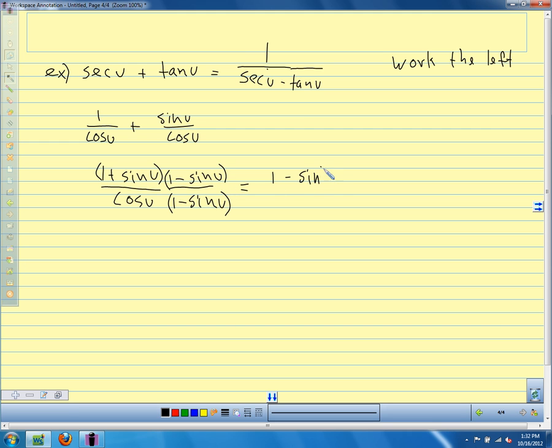So I end up with 1 minus sine squared u over, when I distribute here, cosine u minus sine u times cosine u. I think we're getting to where we want to go. 1 minus sine squared u is what? Cosine squared u over cosine u minus sine u cosine u.